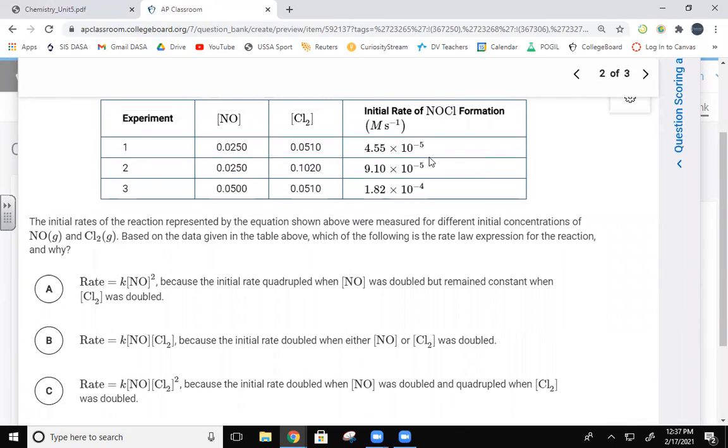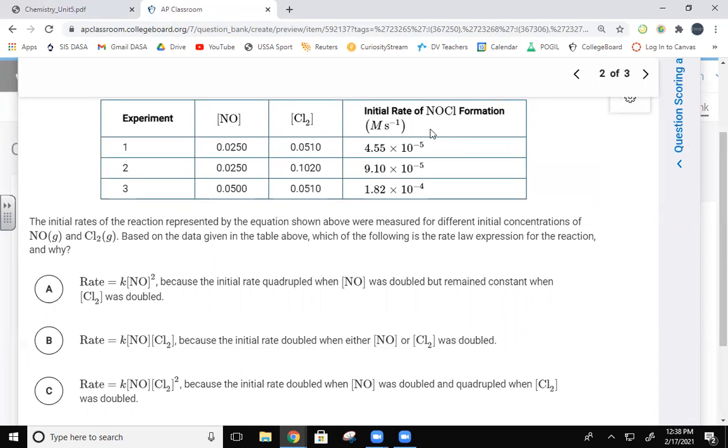So which one of these is happening the fastest? Which experiment has the fastest reaction rate? Probably experiment 2. Okay, so we have conflicting answers here, 3 and 2. Oliver, I think it's 3?